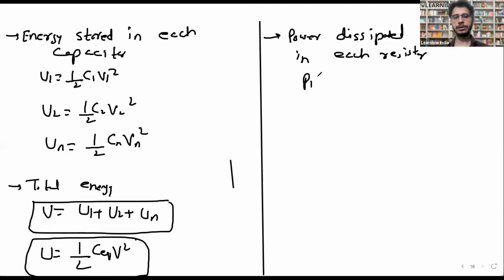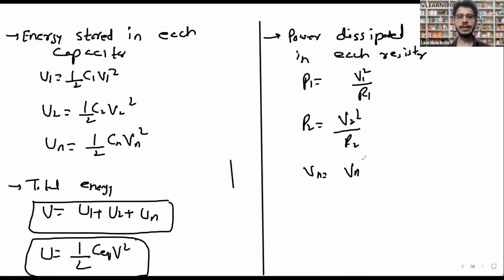So P1 is V1 square by R1. P2 you can write V2 square by R2. Then you can write Vn square by Rn.